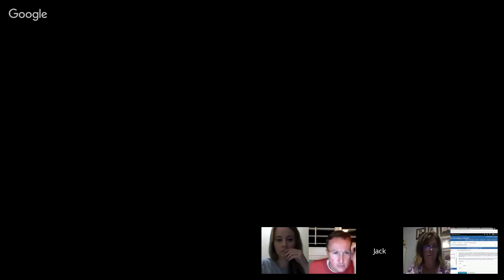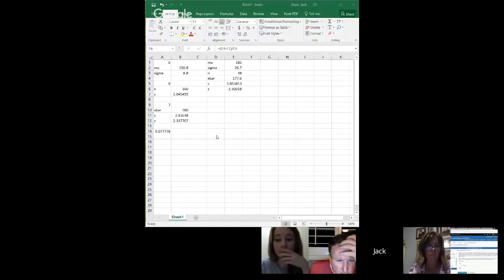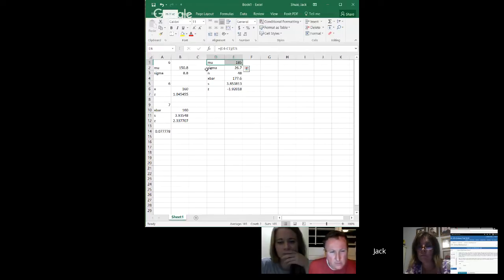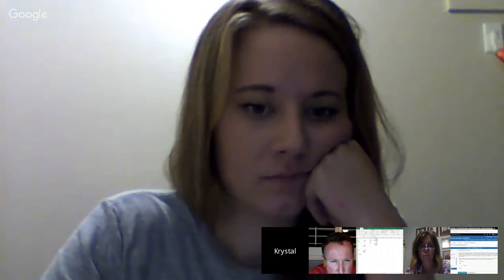What we have here: the mean weight of passengers in a commercial boat is 185. That's the parent population, the true mean. Then it also gave us the standard deviation of 26.7, and that's for the population.